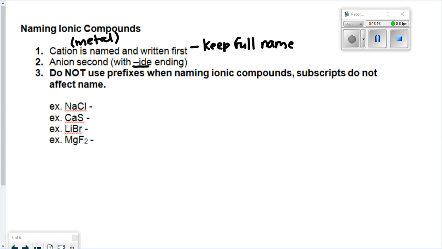Oxygen is not oxygenide, it's just oxide. For those ones that are a little bit confusing, just look in your periodic table for how to change the ending to IDE for your nonmetals. Again, let's put a big star, no capitals. Pay attention to your spelling.